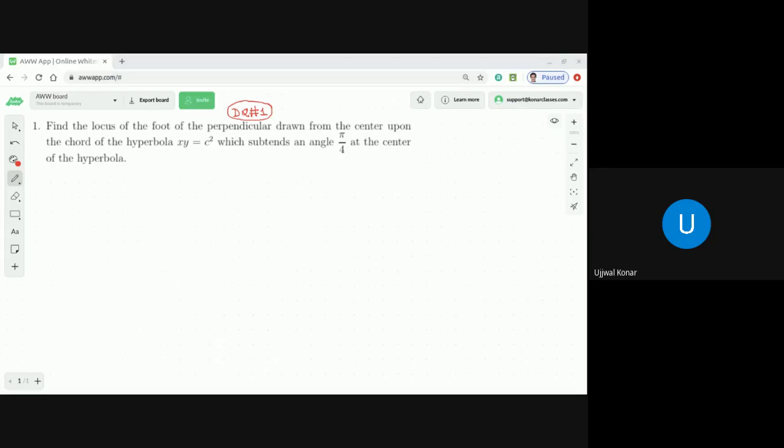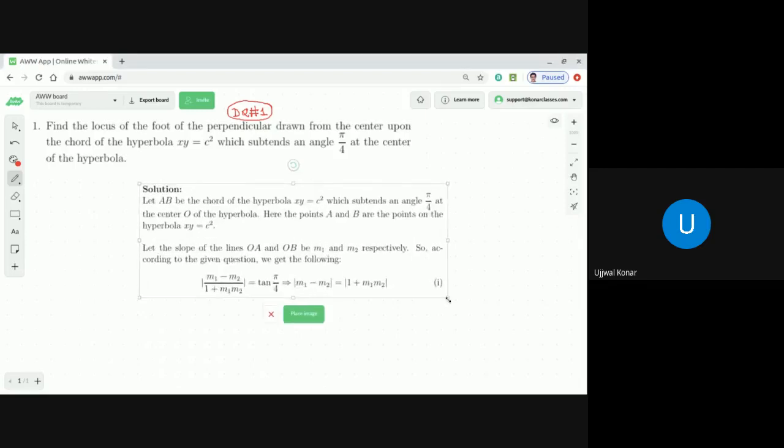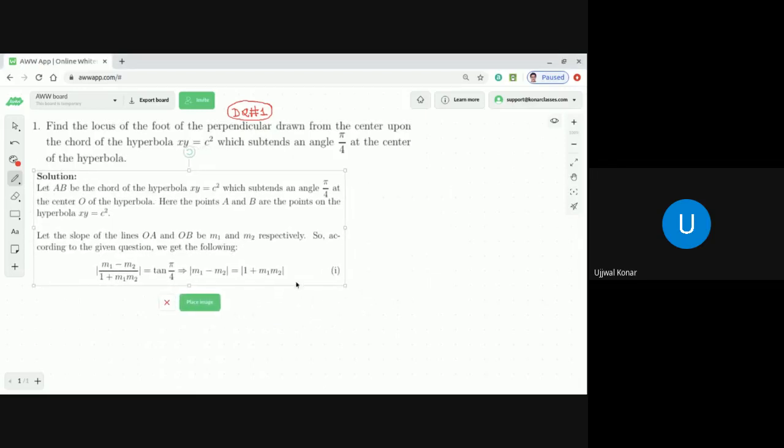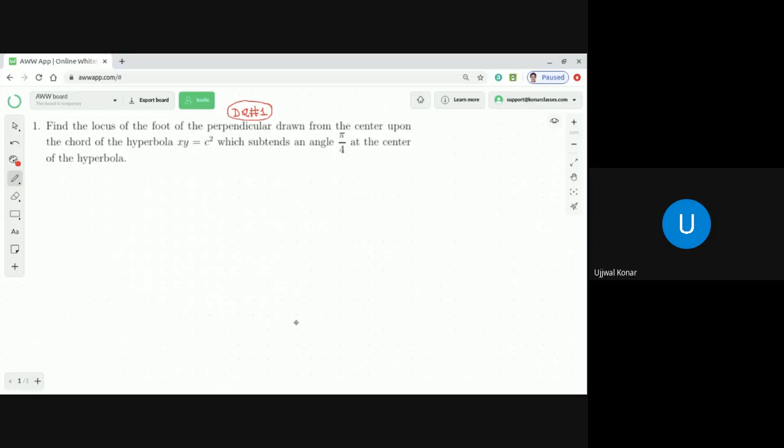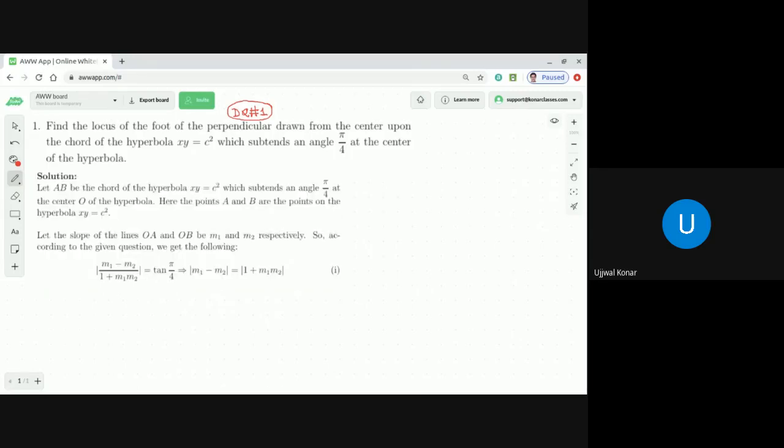And I want a confirmation from each one of you that yes, you understood. Please let me know if anything is not well understood. It's very simple, but I followed a step-by-step manner.